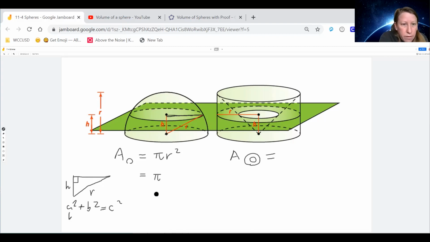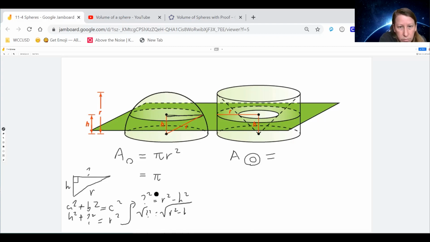So for this, we have h squared plus the thing we're trying to find, maybe I'll call this question mark squared, equals r squared. Solving for the question mark, we would get the question mark squared is equal to r squared minus h squared. And I take the square root of both sides.